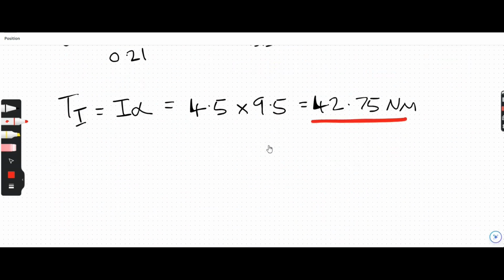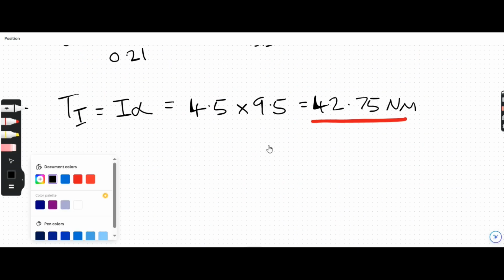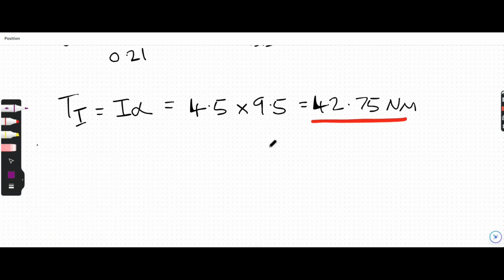So to find the torque to overcome friction, I'm going to multiply the coefficient of friction, which is 0.05 in my case, times the load on the bearings, times the radius of the flywheel.